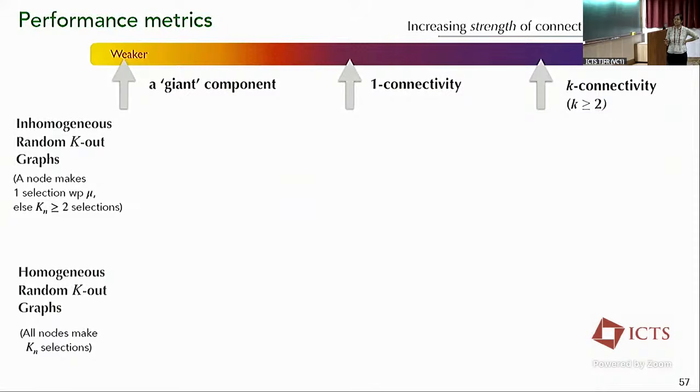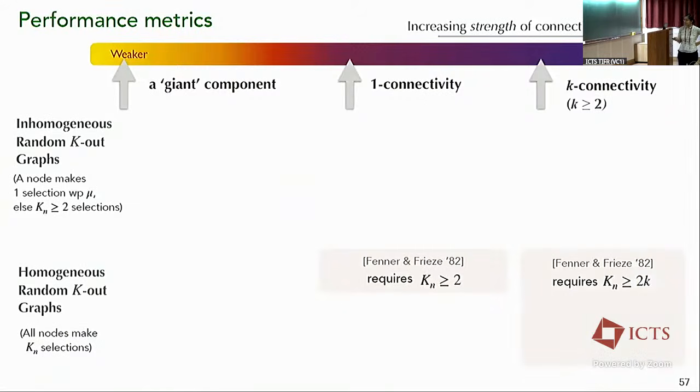We considered the simplest case where, with a strictly positive probability mu, a node makes just one selection, and the remaining nodes can make a number of selections Kn that scales with the number of nodes in the network. I apologize for the overloaded K. There's little k for the K connectivity, capital K for the K-out graphs, but since these were the definitions for these objects, I stuck to them.